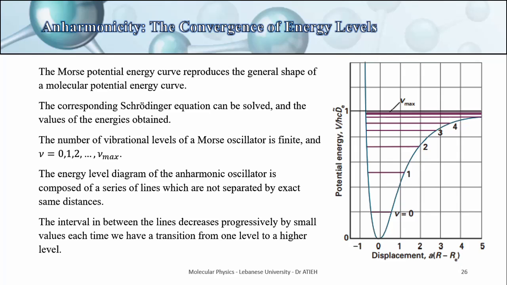As you can see here, the difference between two consecutive levels is no more constant. It decreases with the increase in energy. Eventually, we reach a maximum energy level. After this, there's no more vibration because the molecule will dissociate. This is according to the Morse potential, which is also very close to reality.